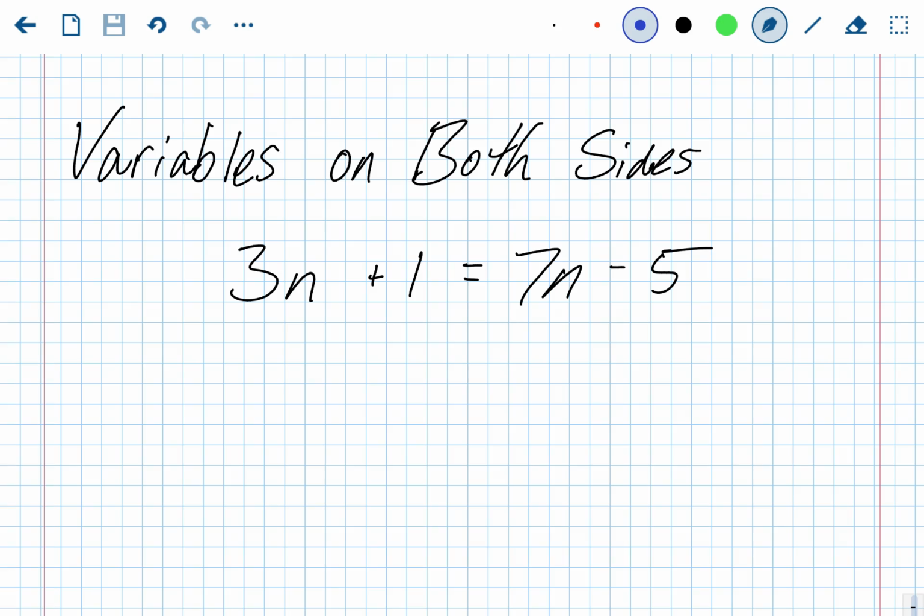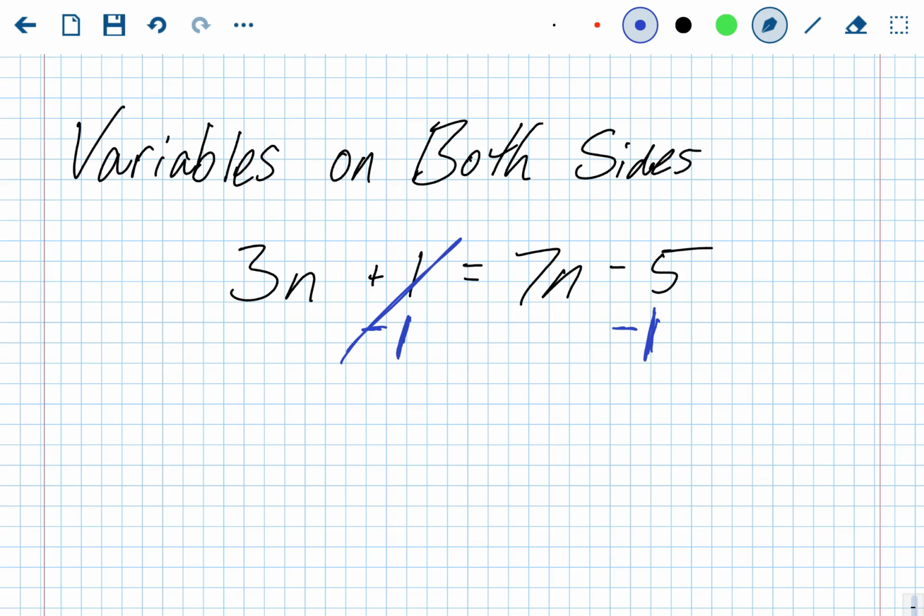So I want all my variable terms on the left. So 3n is already on the left. The plus 1 is not a variable term, so I need to move it over to the right side. Whenever you're switching sides of an equation, and only when you're switching sides of an equation, you use the inverse operation. So on the left side, you'd have 1 minus 1, and that eliminates.